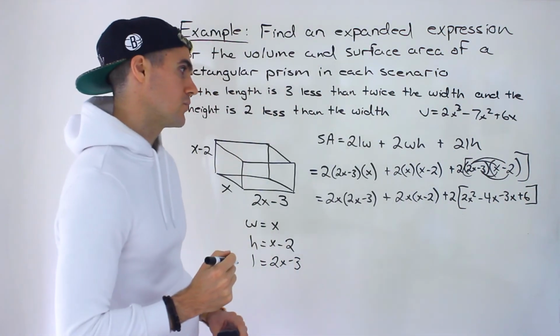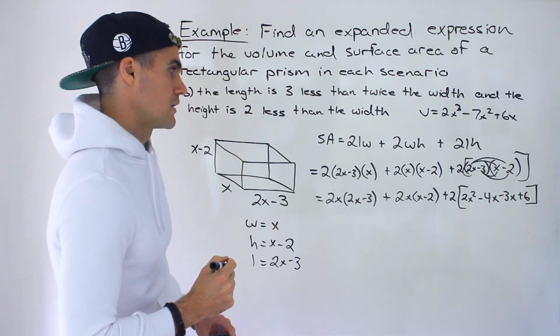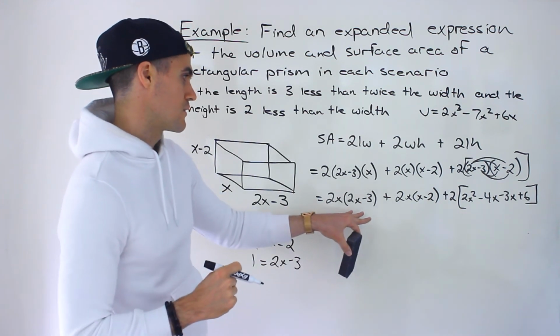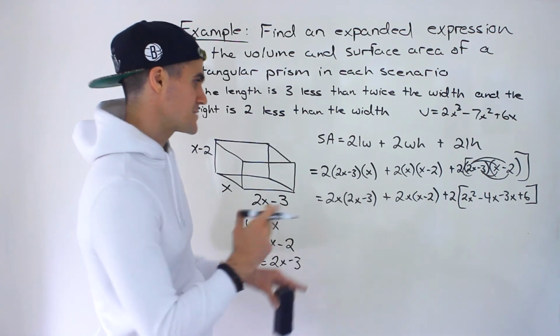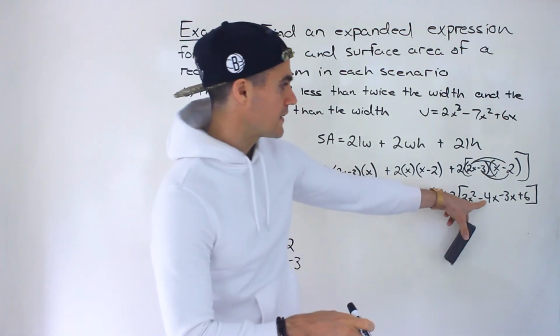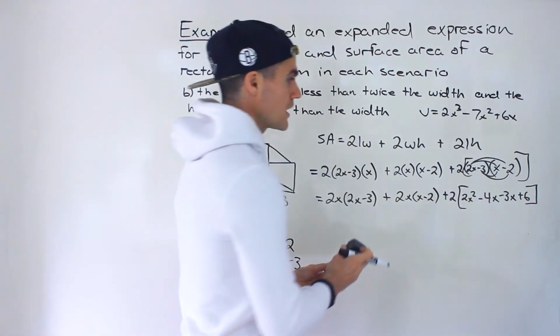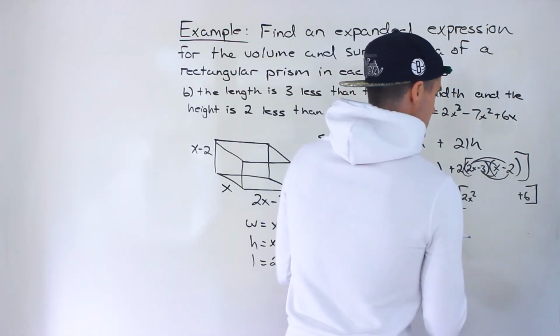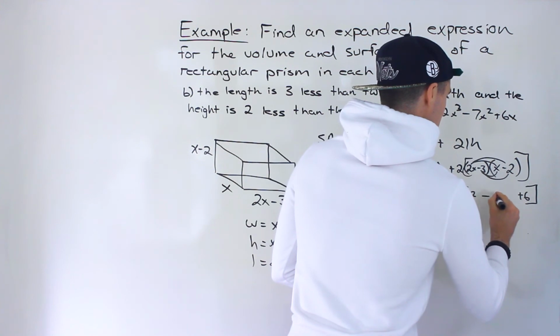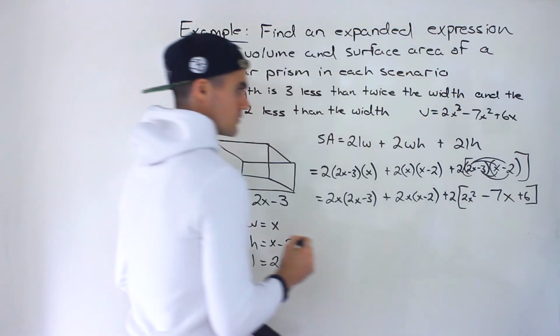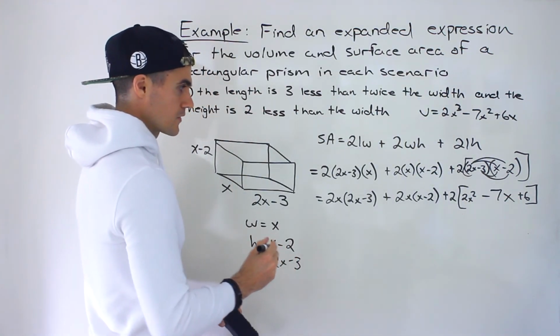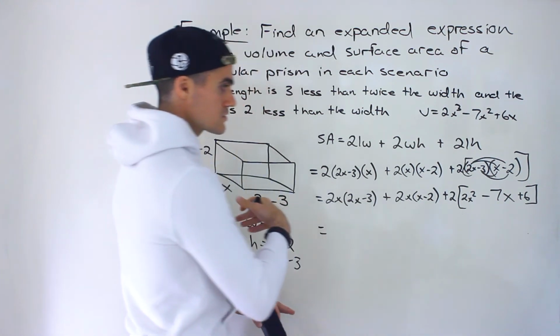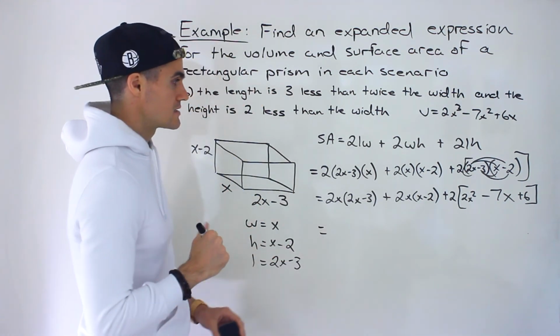Right, so we end up with that right there. And then just to save space over here, we know that the negative 4x minus the 3x, that simplifies to minus 7x. So I'll just write that just so we don't simplify for the next line, right?